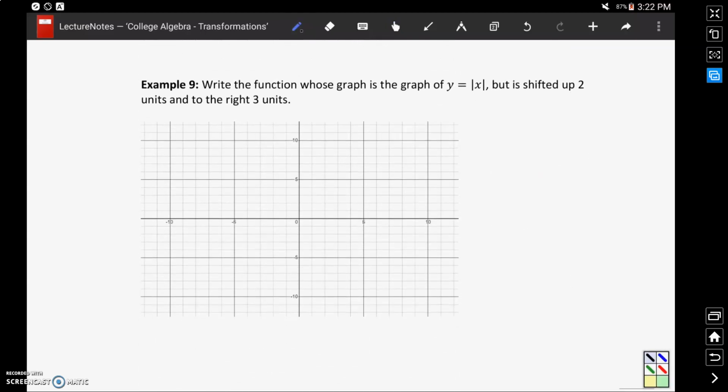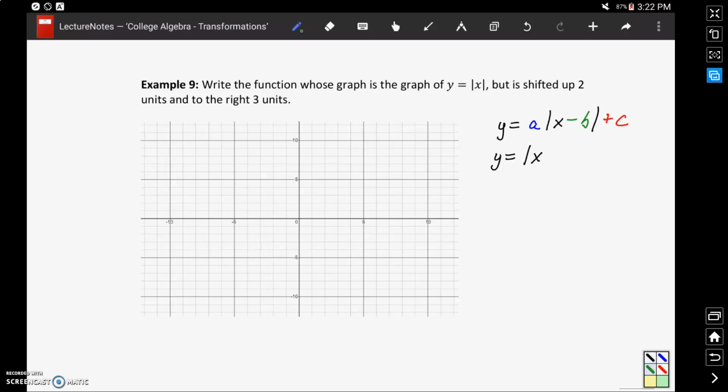In example 9, we're starting off with an absolute value function, but it's being shifted up 2 units and to the right 3 units. So what we want in this case is a value for a equal to 1 because no vertical stretch is being applied.